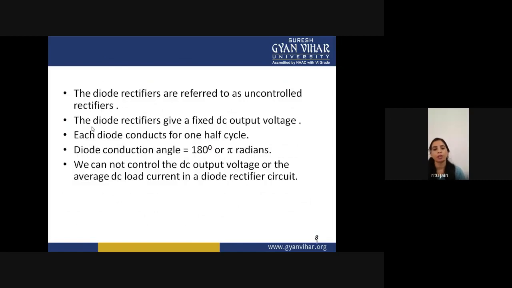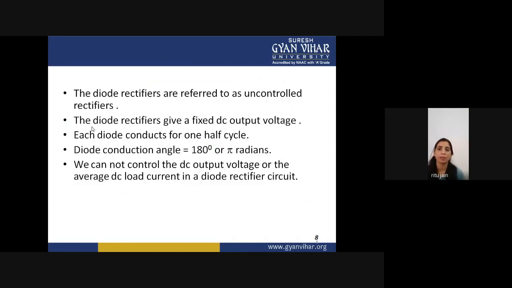If you are using an uncontrolled rectifier, or you can simply call it a rectifier, then you are using a diode, because a diode is used to convert AC to DC, but you cannot control the output of this rectifier because you are using a diode.